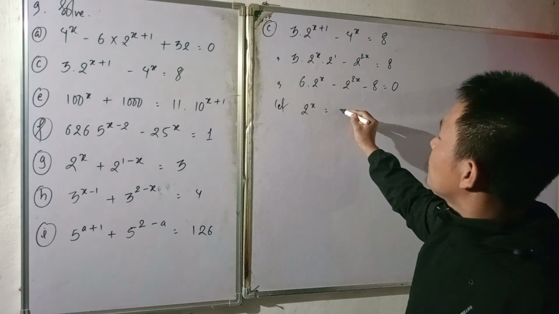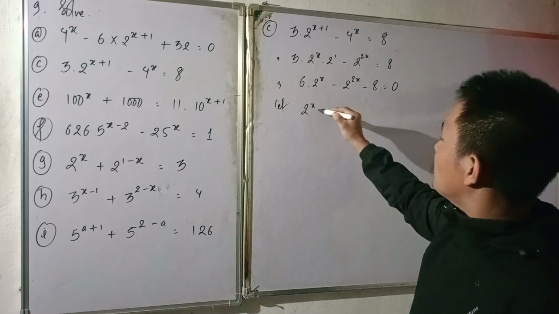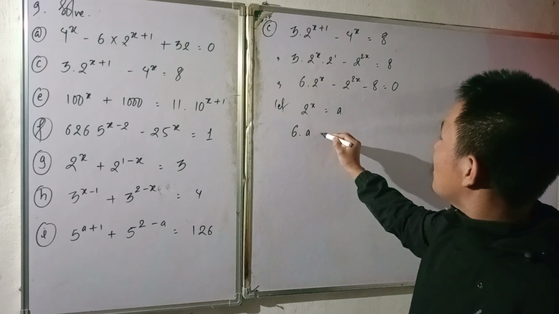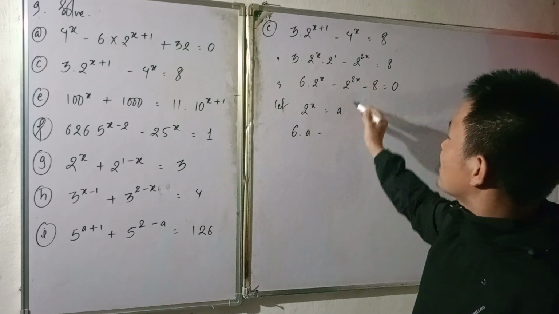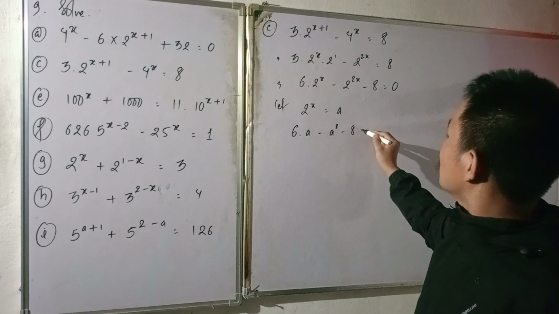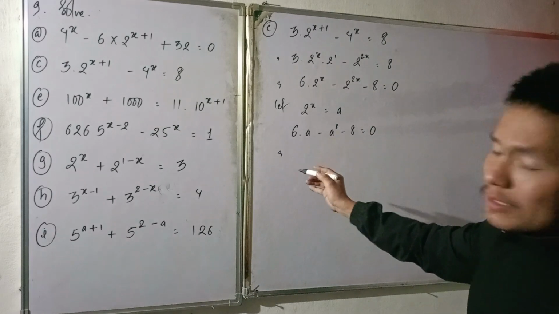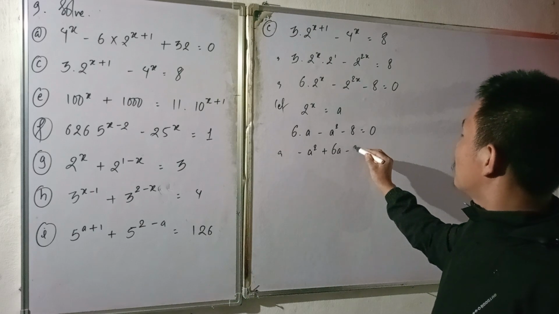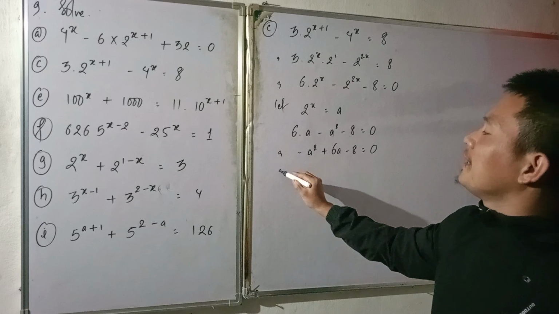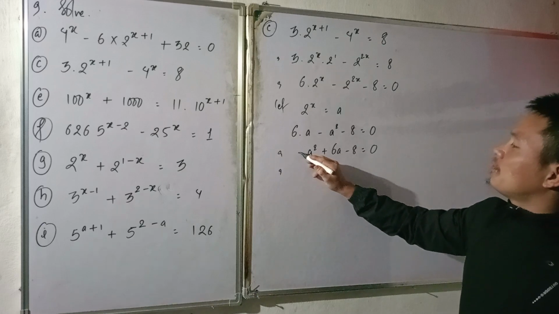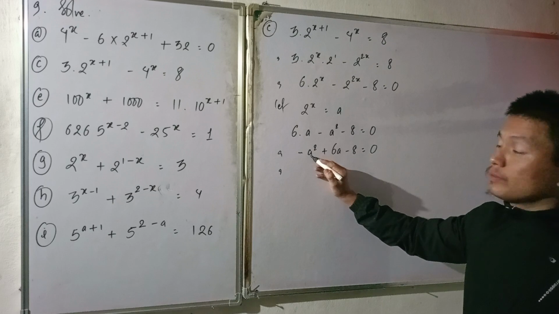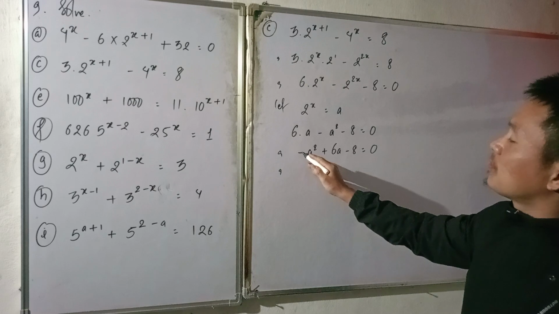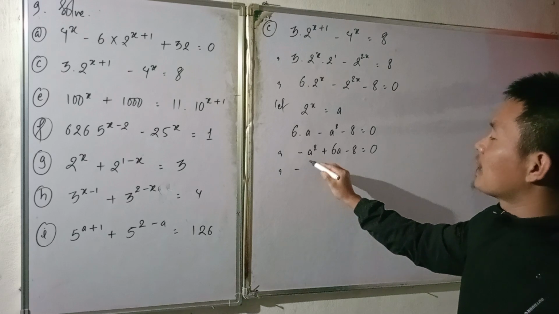Suppose we represent 2 power x by the variable a. Just replace 2 power x by a, so 2 power 2x can be written as a squared, and we get minus a squared plus 6a minus 8 equals 0. Now arrange this in standard form. It is easier if the first term has a positive sign, so take the negative sign common.